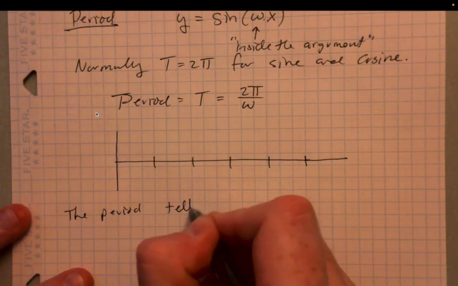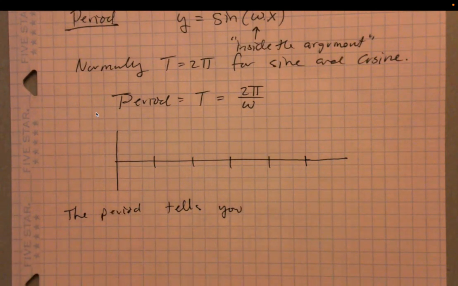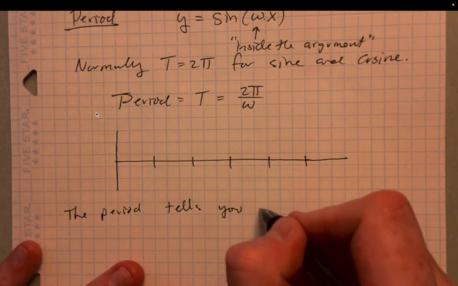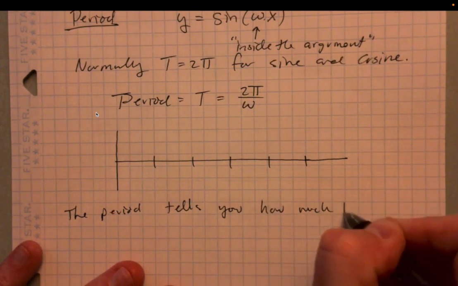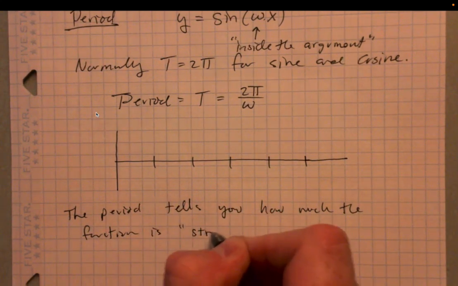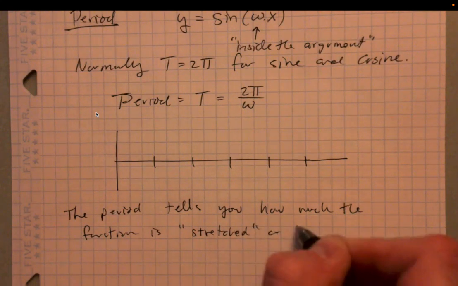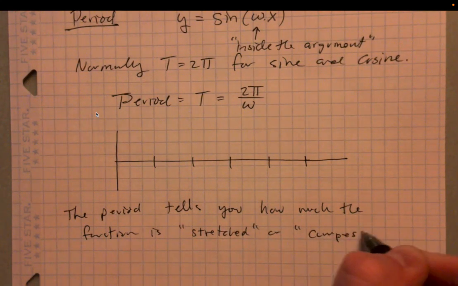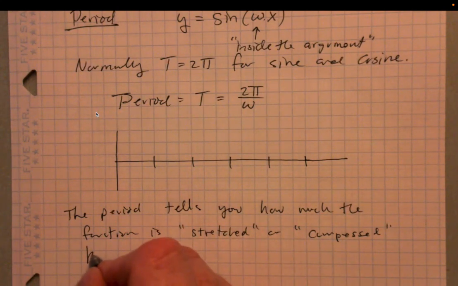We know the period tells us how far the graph goes before it starts to repeat itself, but when we're dealing with a function that has a different period, what it's really informing you about is whether the graph is stretched out more horizontally. The period tells you how much the function is stretched or compressed horizontally.